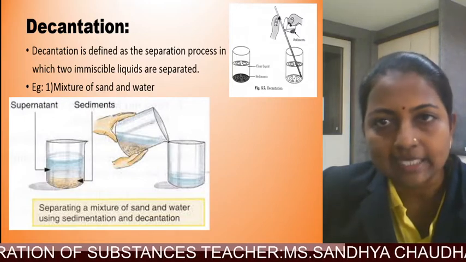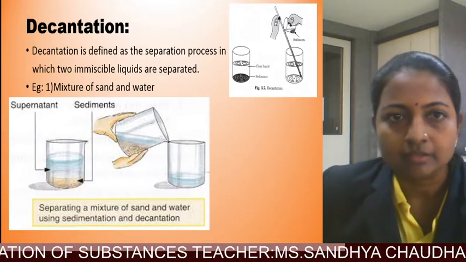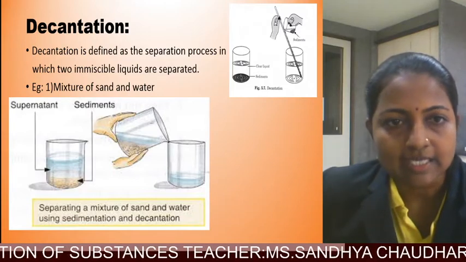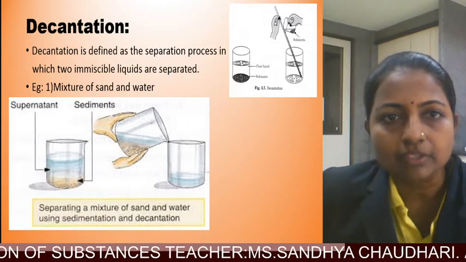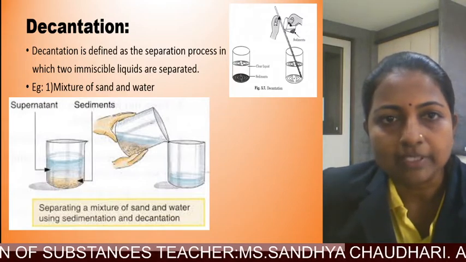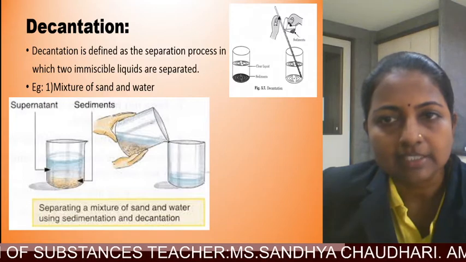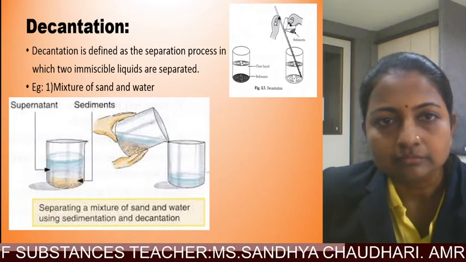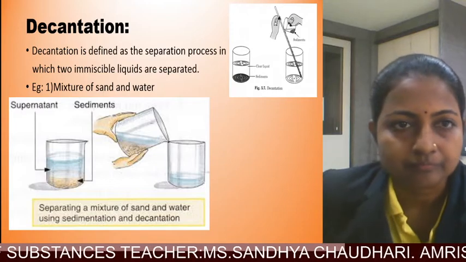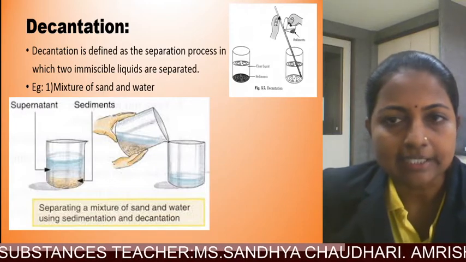Example, mixture of sand and water. Separating a mixture of sand and water using sedimentation and decantation method, you can see in the figure also how we can separate sediments, meaning the sand which is remaining behind, and the top layer. So this is the decantation method.